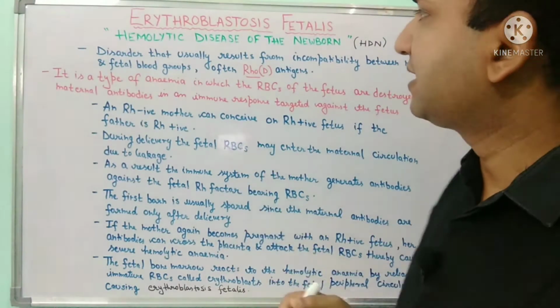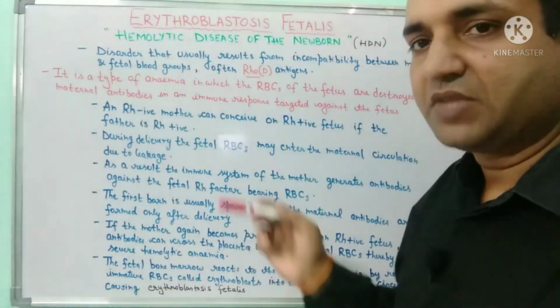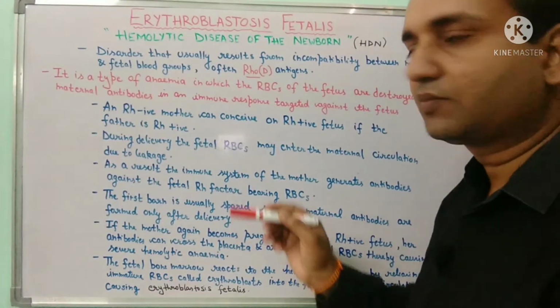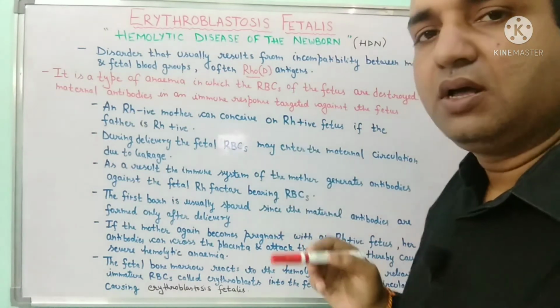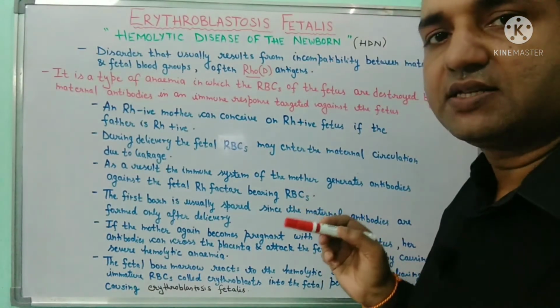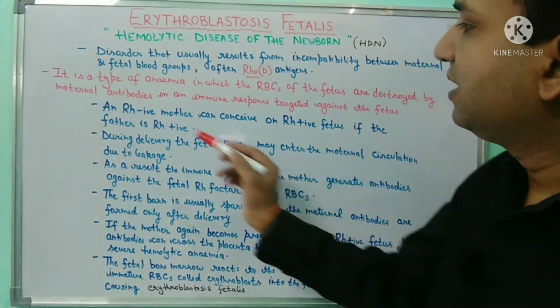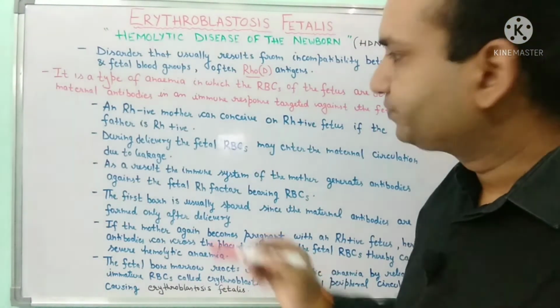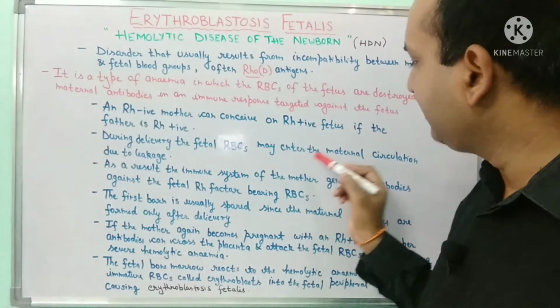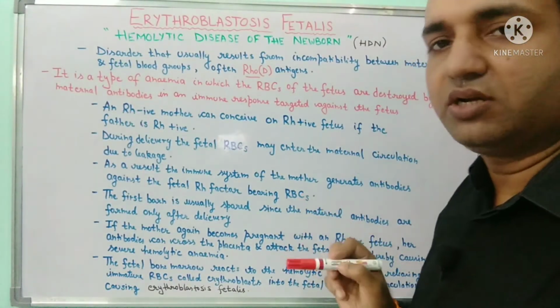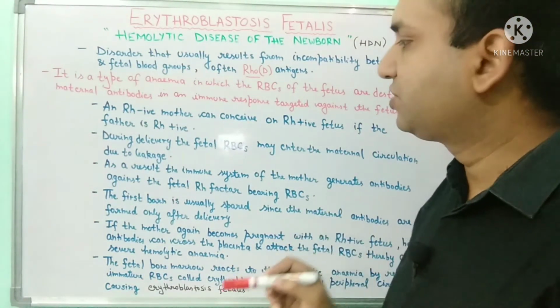So what happens in the case of erythroblastosis fetalis is that an Rh negative mother can conceive an Rh positive fetus if the father is Rh positive. During the delivery, the fetal RBCs may enter the maternal circulation due to leakage.